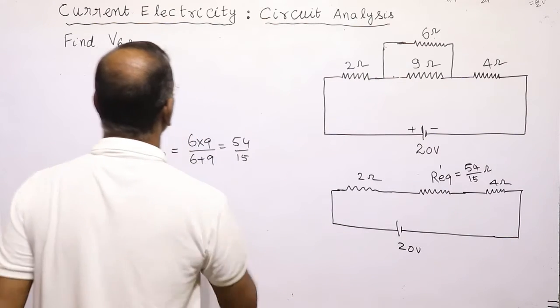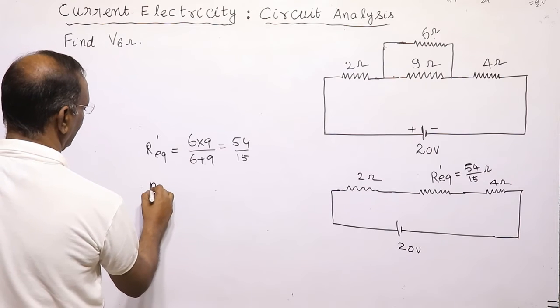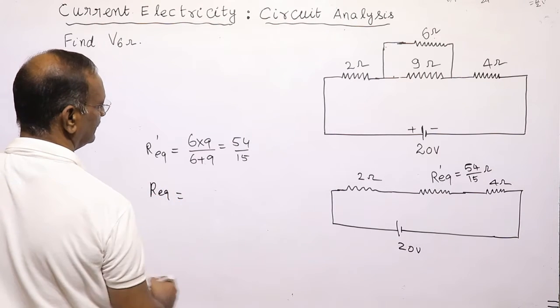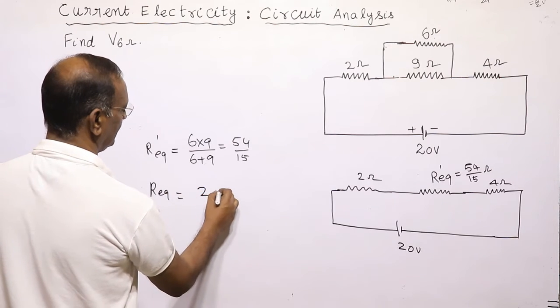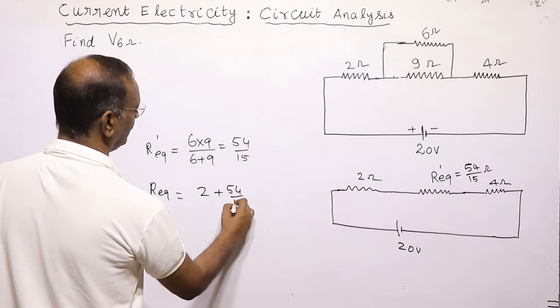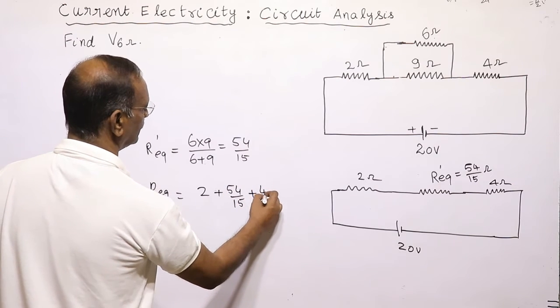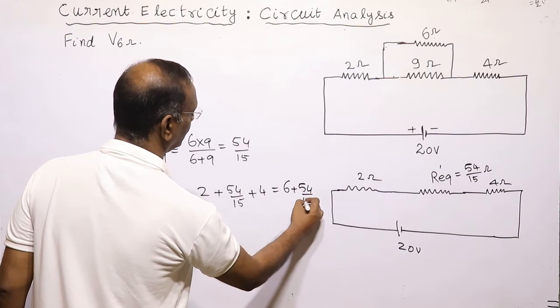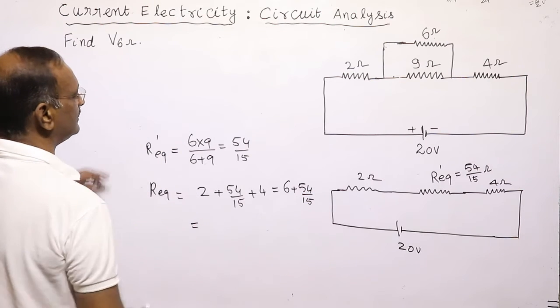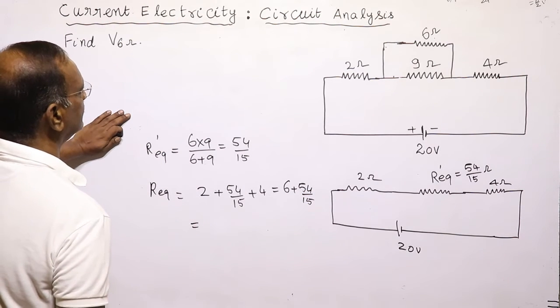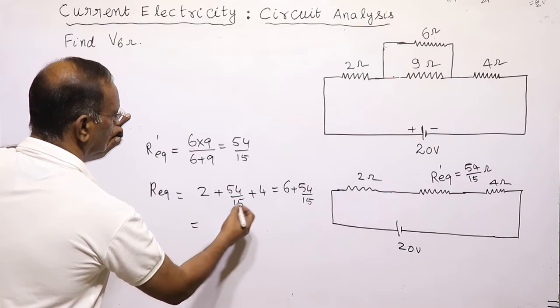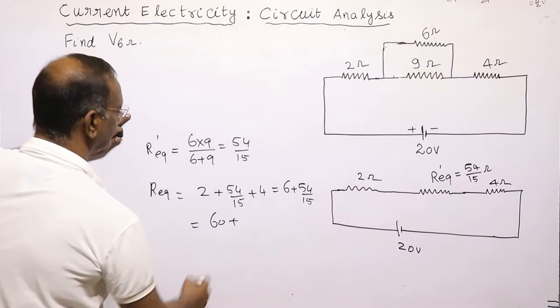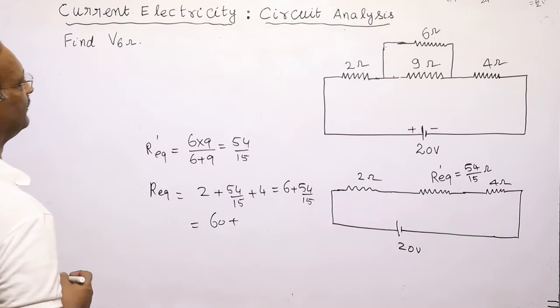All are in series, so R equivalent for the series is 2 plus 54 by 15 plus 4, which is equal to 6 plus 54 by 15.